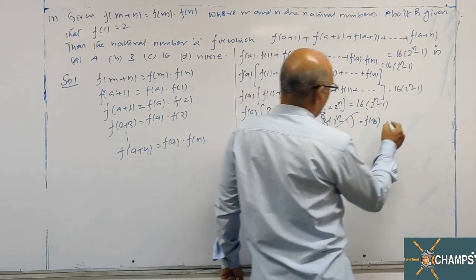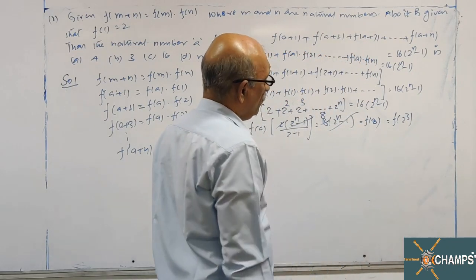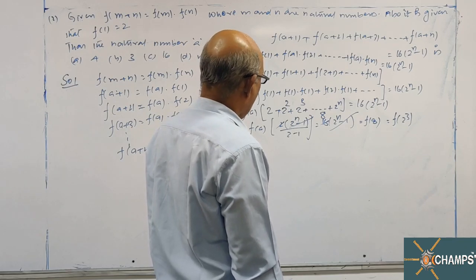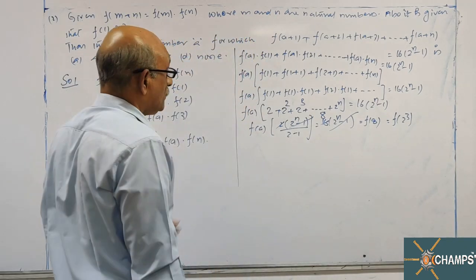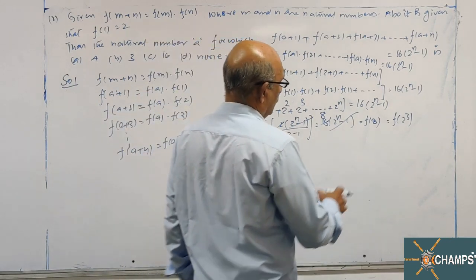f of 8 can be written as f of 2 cube. f of a is equal to f of 2 cube. This is f of 8.